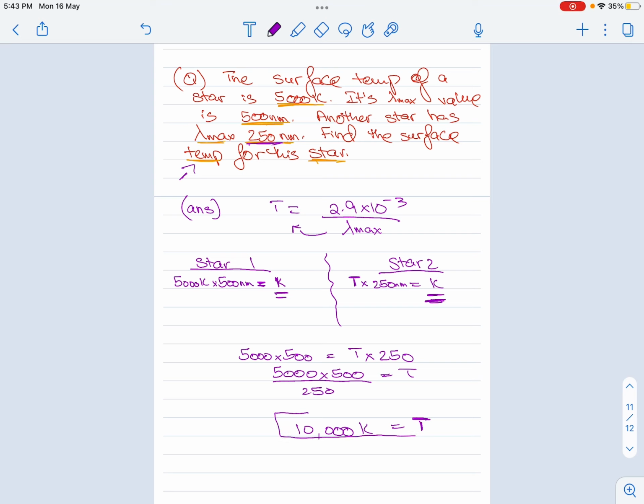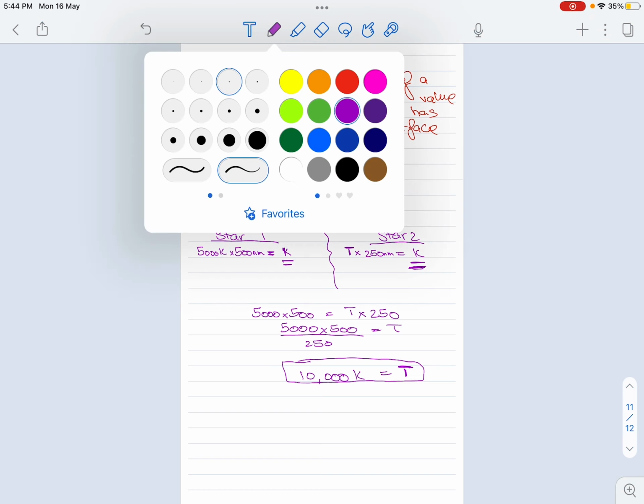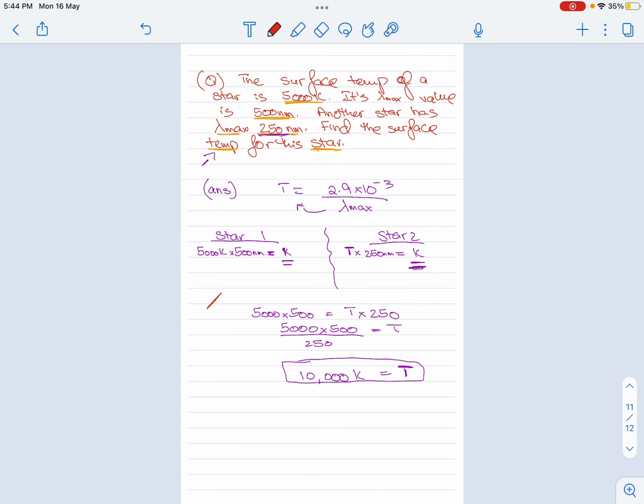So an easier way to do this question would be that instead of making two equations like these, you can just equate them directly because you know that they equal the same thing. So you can just write 5000 times 500 equals 250 times T. So you can formulate a formula.